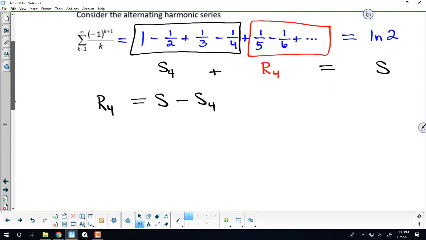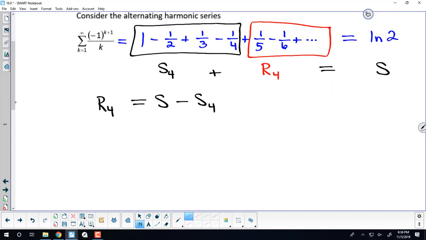Is everyone okay with that? Then we sort of make that general, but hopefully that's pretty straightforward. In general, R sub n, the remainder or the error that we get for using n terms to sum that series, is the sum minus the nth partial sum.